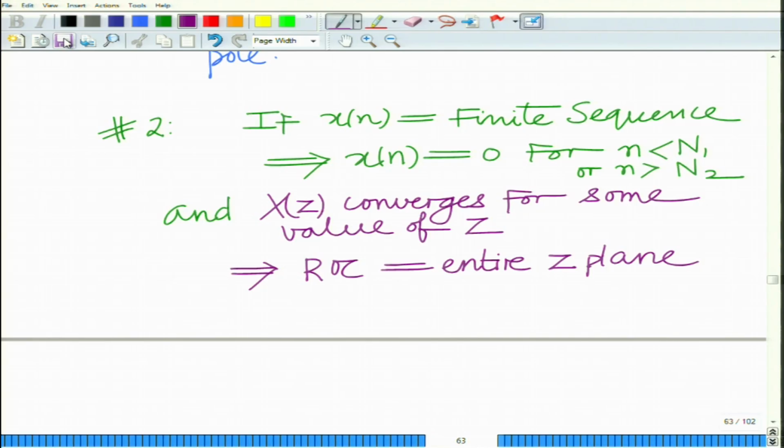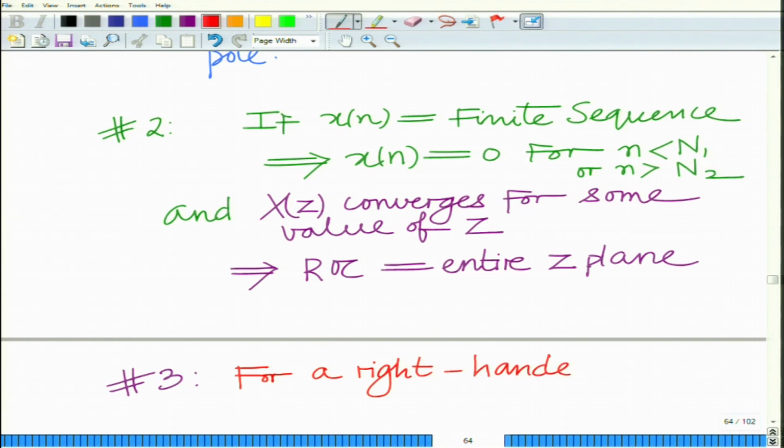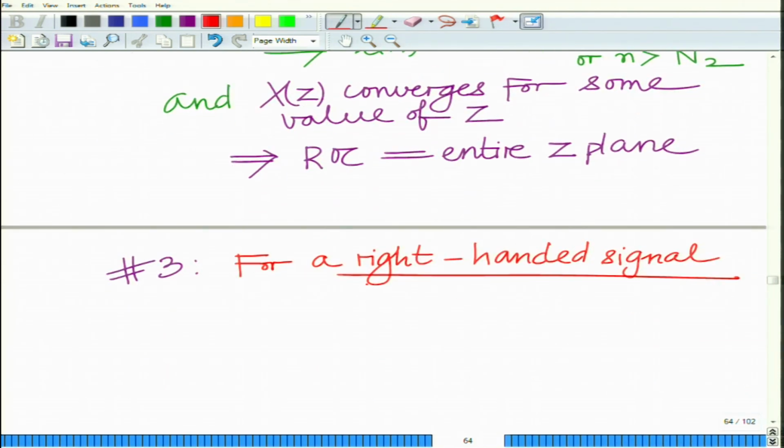Now, for a right handed signal, again this is something similar to the Laplace transform. Right handed signal implies that there exists some n1 such that x[n] equals 0 for n less than or equal to n1.